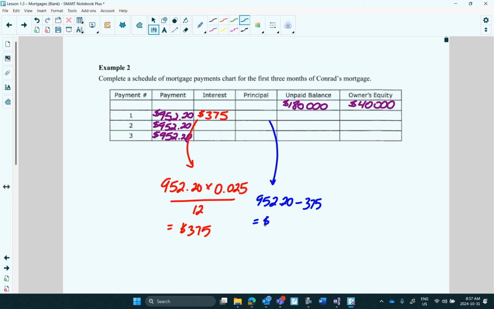And we get $577.20. That's what goes here. So we've broken down the $952.20 for the first payment. This is the first month. $375 is going to interest, the amount he's getting charged to borrow. $577.20 is actually going towards the loan.